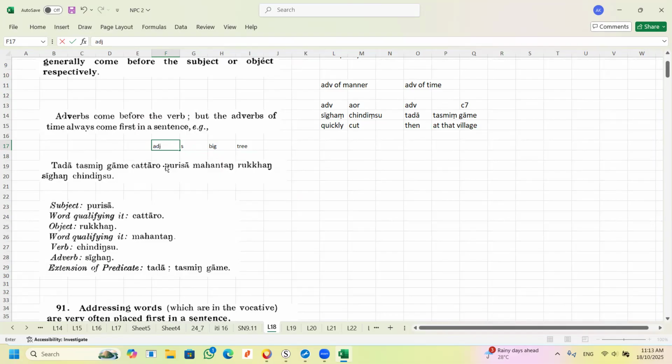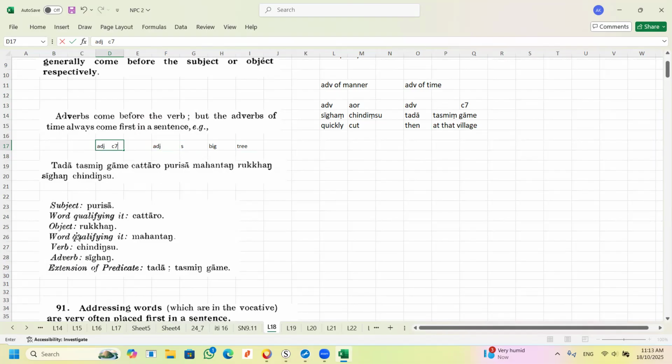And then this one, tasmin, is also locative, so this is also an adjective to this. Big tree is adjective. And then this is adverb. All right.